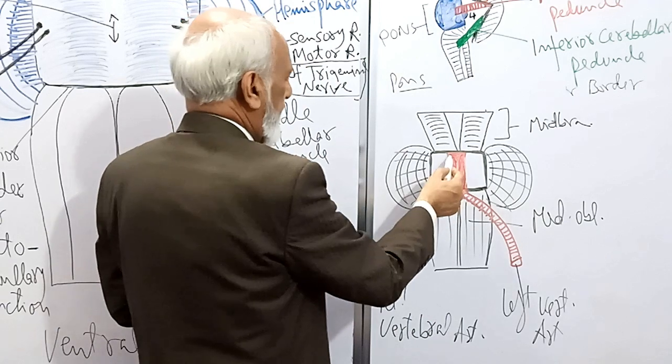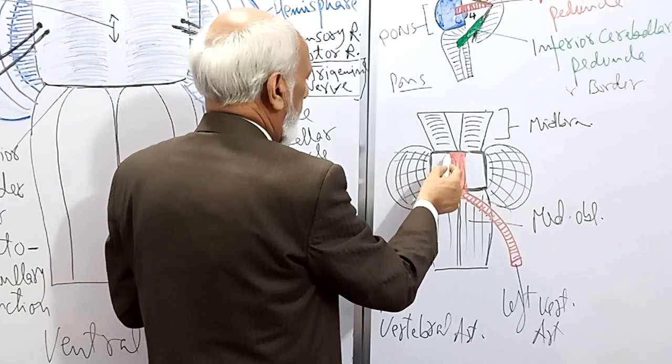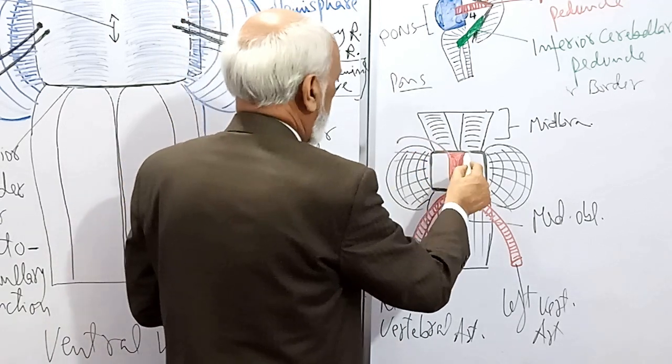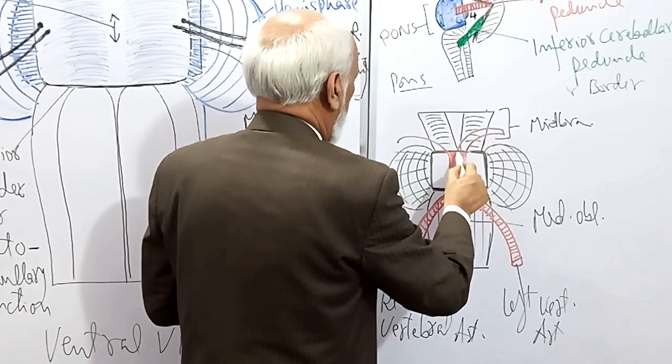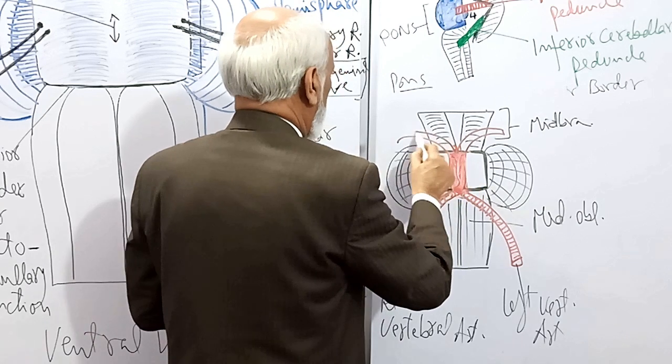And when this basilar artery reaches the upper border of the pons, it ends by dividing into right and left posterior cerebral arteries.